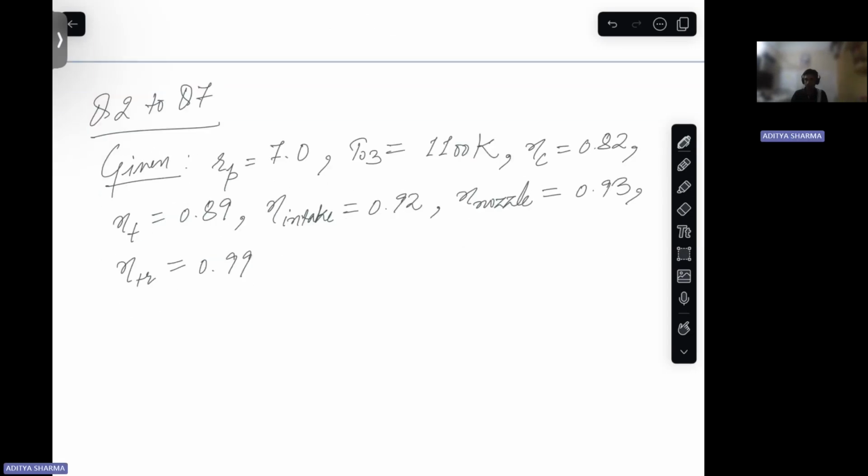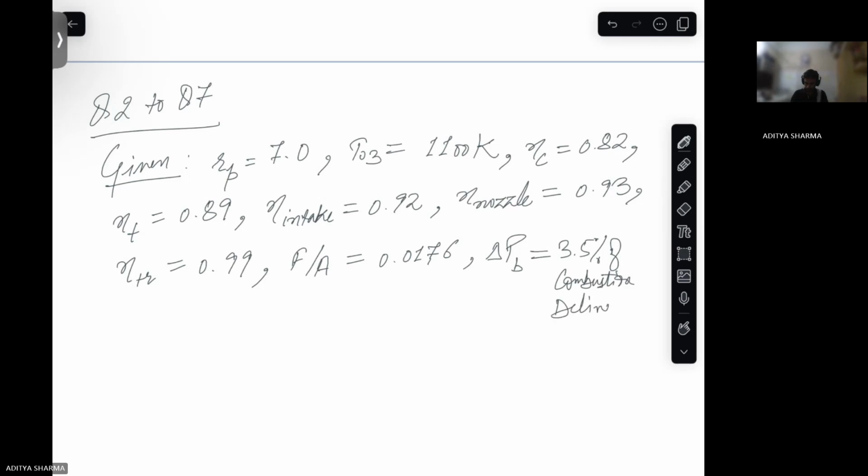Transmission efficiency is this. And fuel to air ratio is given as this.